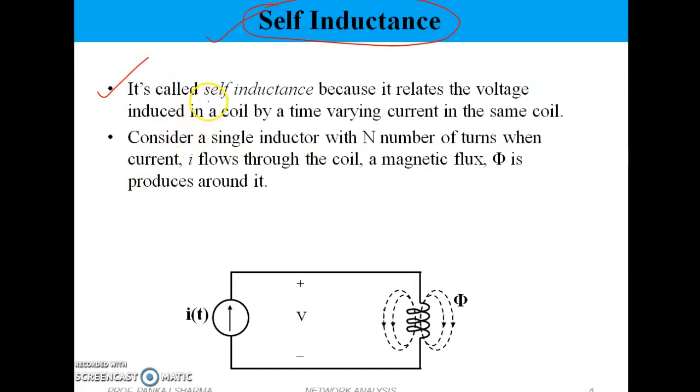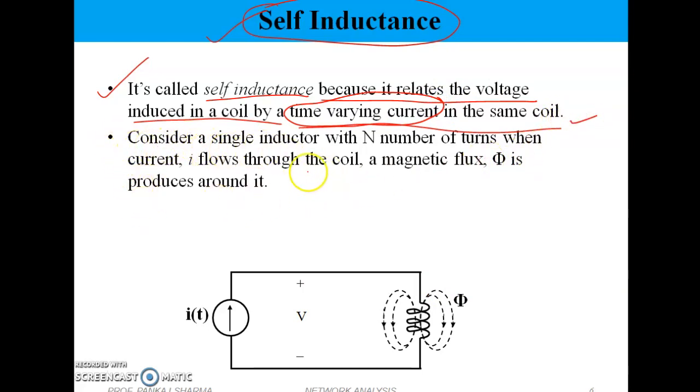It's called self-inductance because it relates the voltage induced in a coil by a time varying current in the same coil. By a time varying current, mark this word. This is time varying current. This is very important. In the same coil.